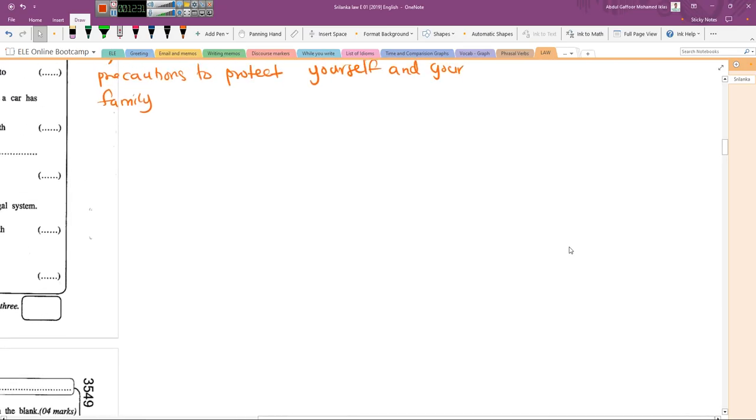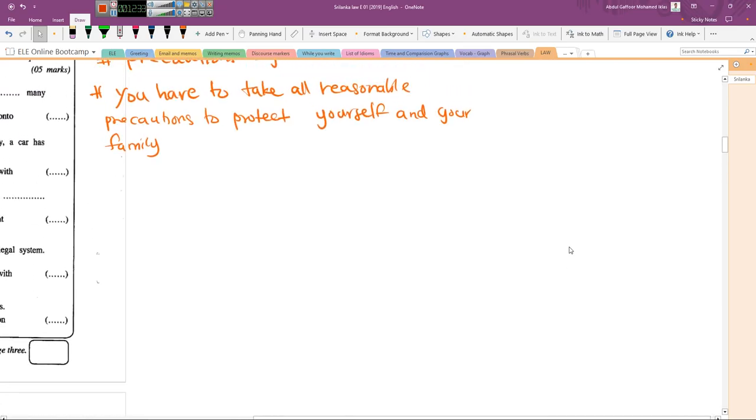Okay, now we will look at another example sentence for this precaution. I'll keep the letter as a precaution, right? So one person is saying, I will keep the letter as a precaution, right?